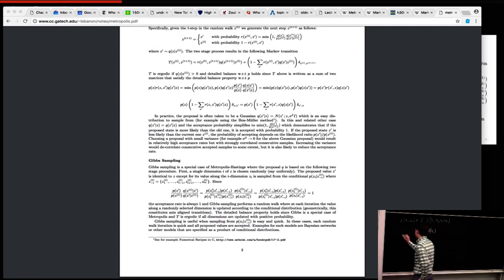So for instance, we know that the probability of x1 given x4 and x3 would be equal to the probability of x4 given x1 and x3 times the probability of x1 given x3, over the probability of x4 given x3, right?